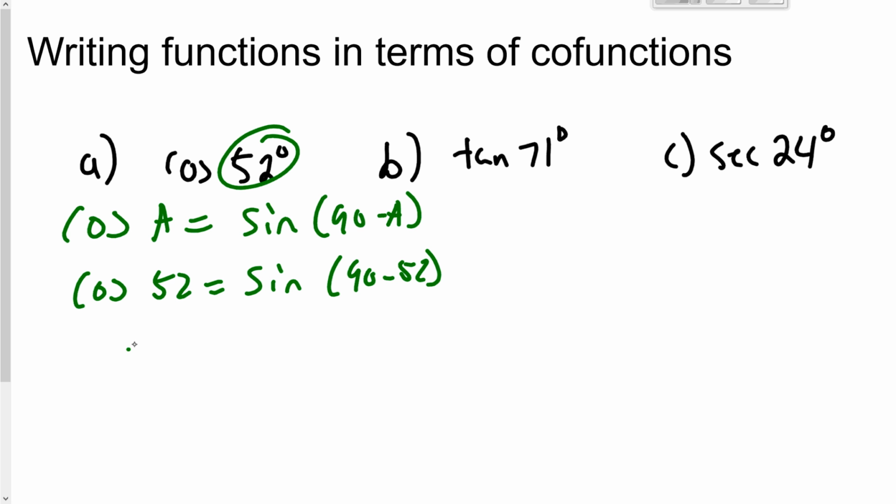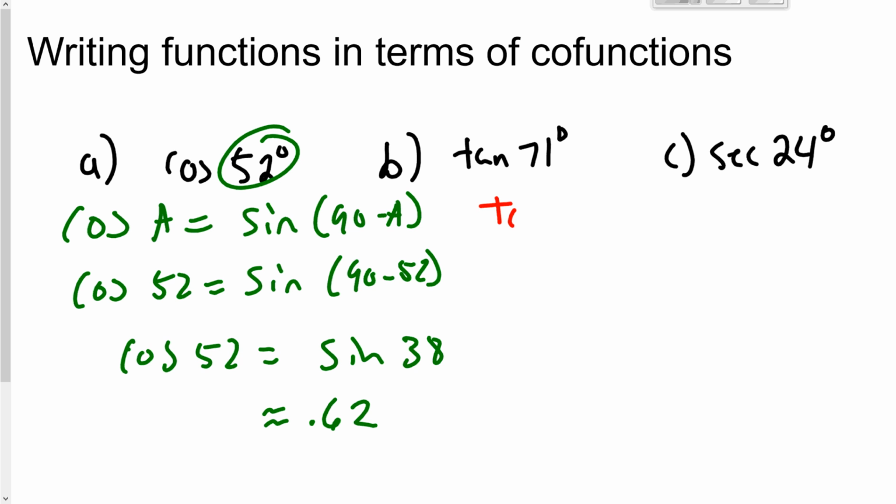So the cofunction of cosine of 52 is sine of 38. These are two cofunctions. They will have the same answer. You can type those both into your calculator and you'll get approximately the same answer. These both approximately equal 0.62. And so you can test that in your calculator.